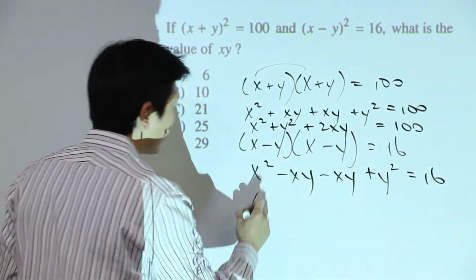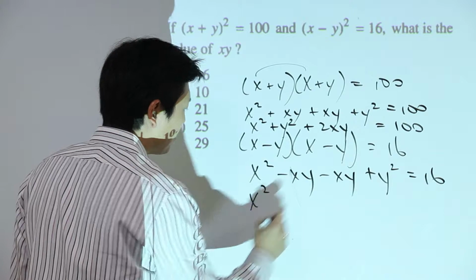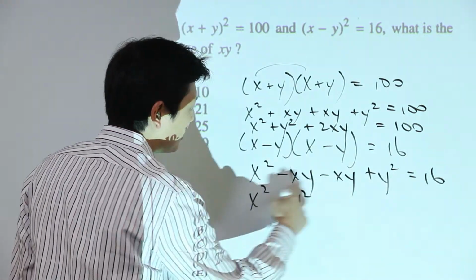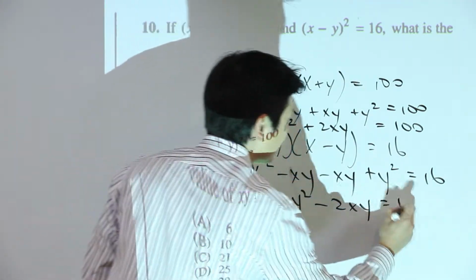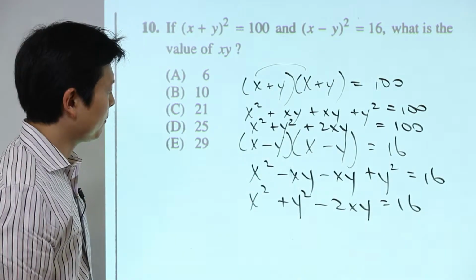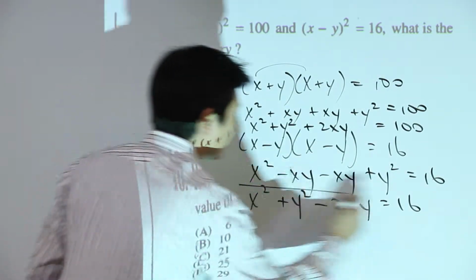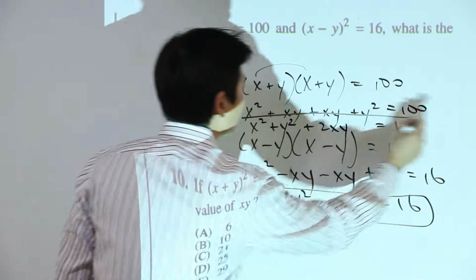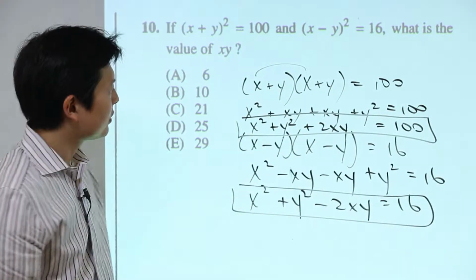Okay, so here I have x squared plus y squared minus 2xy is equal to 16. Okay, so that's as far as I can go. This is what I have so far here.